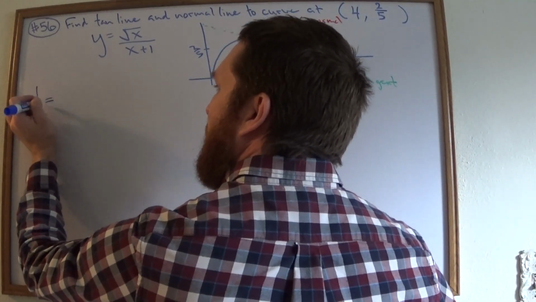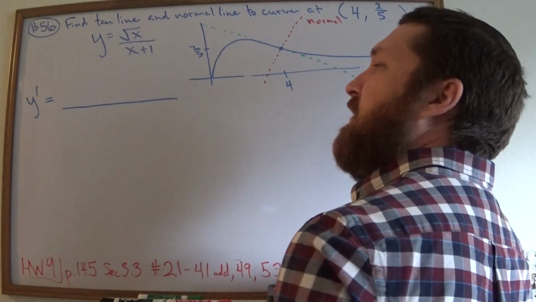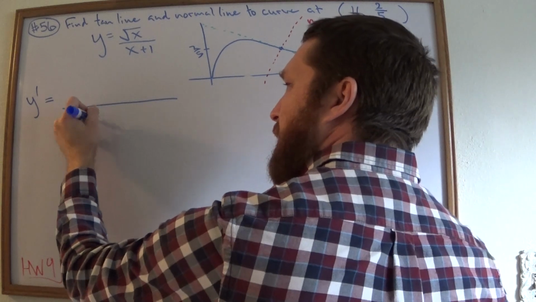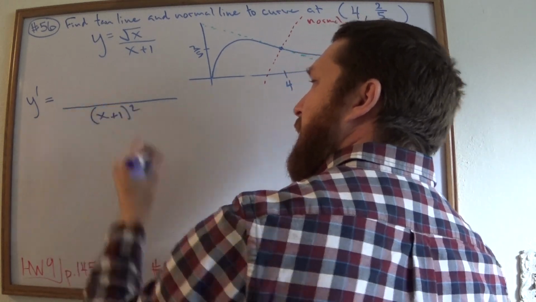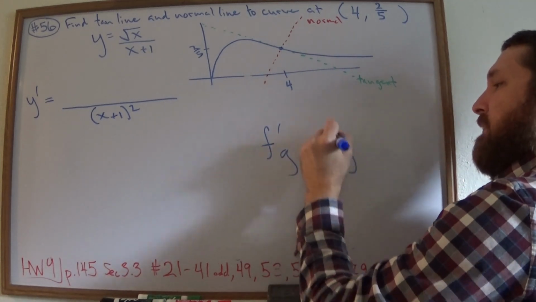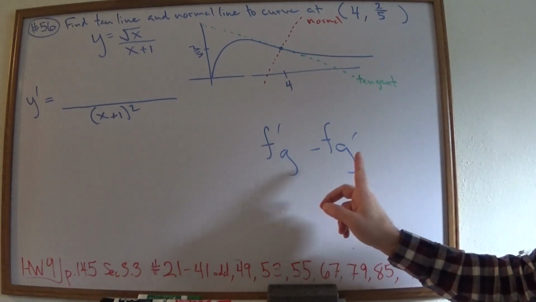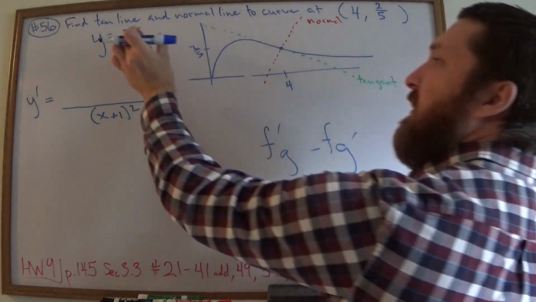y prime equals, it's a quotient, so I need a denominator squared. Now, it's f prime g minus f g prime, right? So, take the derivative of the top stuff.